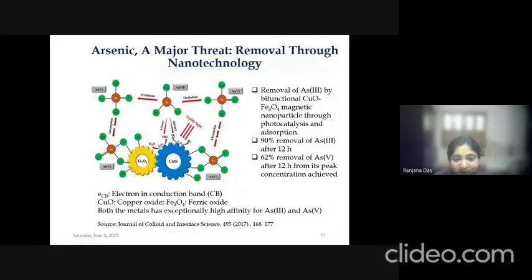And for arsenic removal, these nanomaterials are also very important. They have a very important role in arsenic removal, arsenic 3 and arsenic 5.